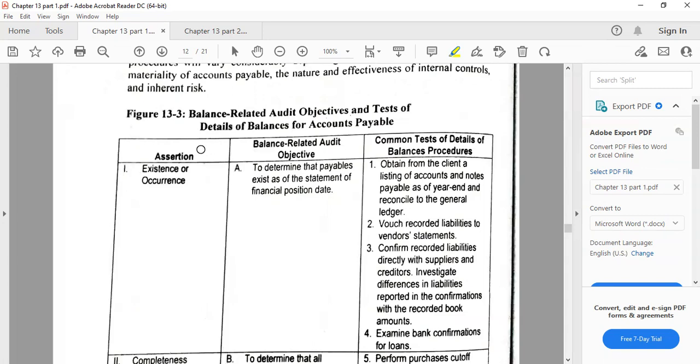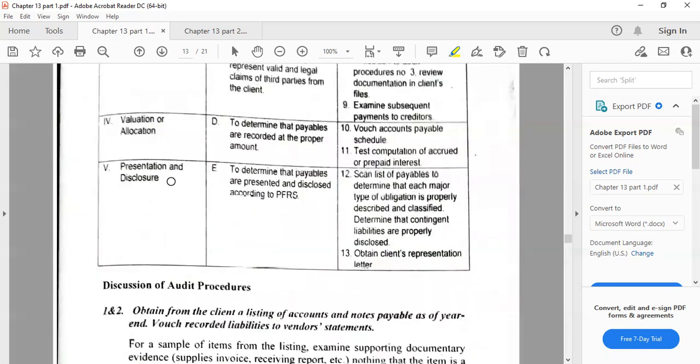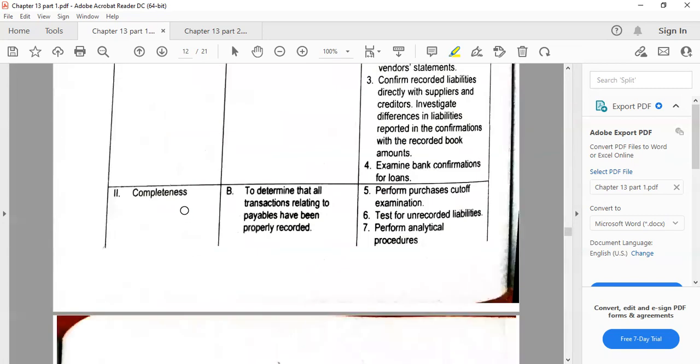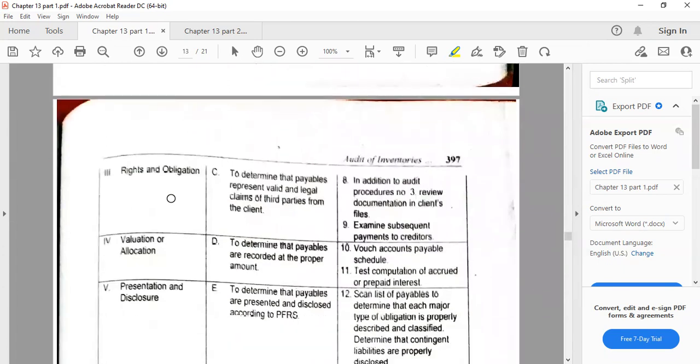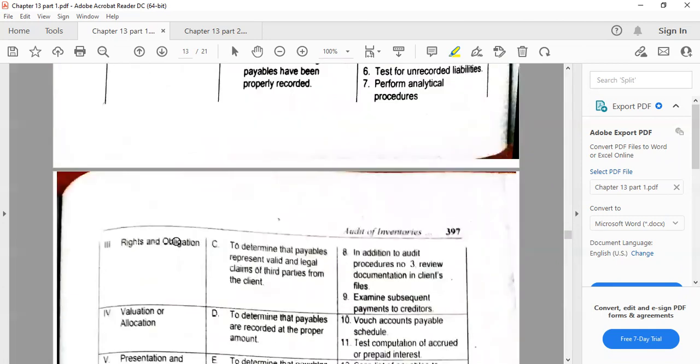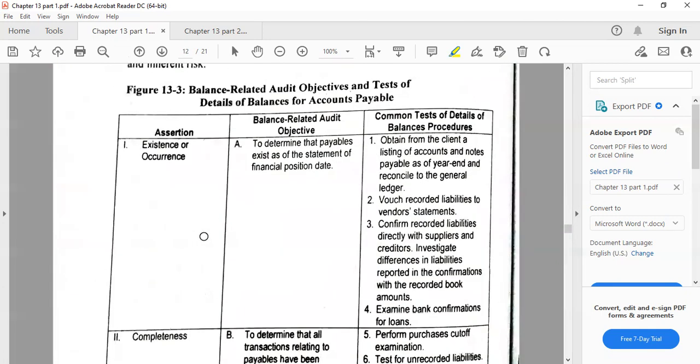Again, we can see these five assertions: existence or occurrence, completeness, rights and obligations, valuation or allocation, and presentation and disclosure. But this time, more on the payables side. For existence or occurrence, our audit objective here is to determine that payables exist as of the statement of financial position date.